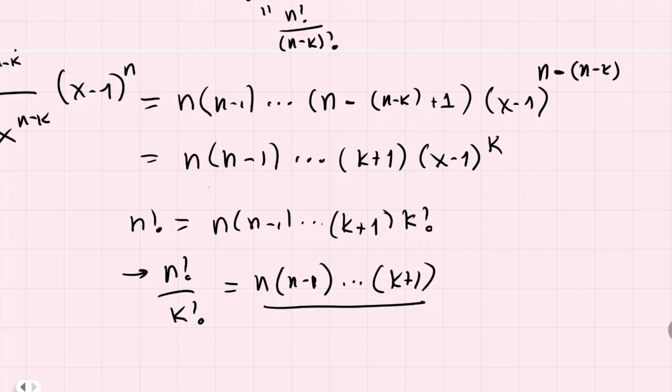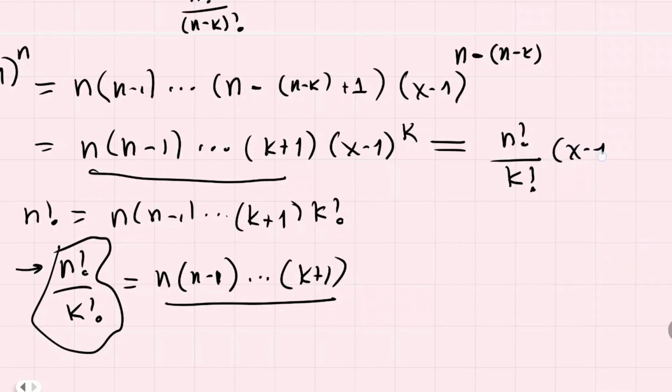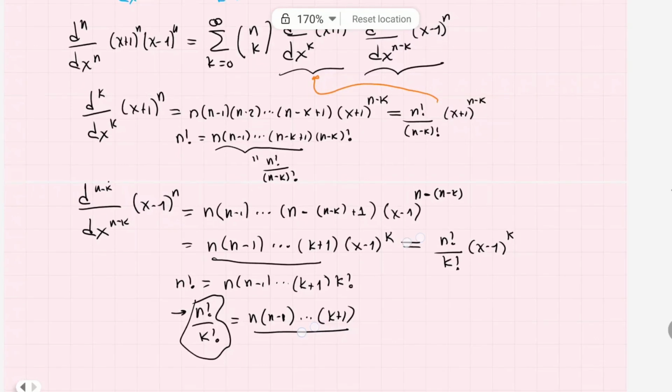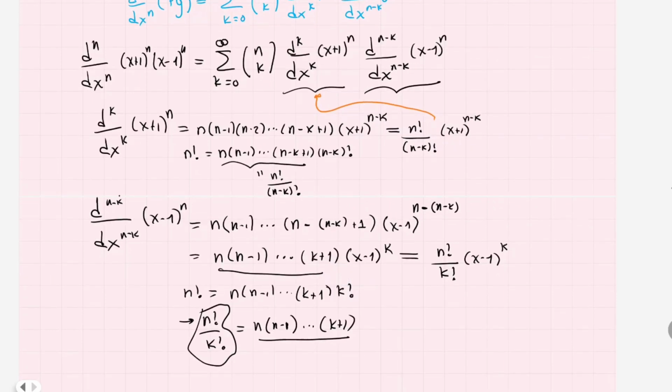So this thing over here can be rewritten as this. So this is going to be equal to n factorial over k factorial times x minus 1 to the kth power. Okay. So we are going to rewrite the definition of the Legendre polynomials.